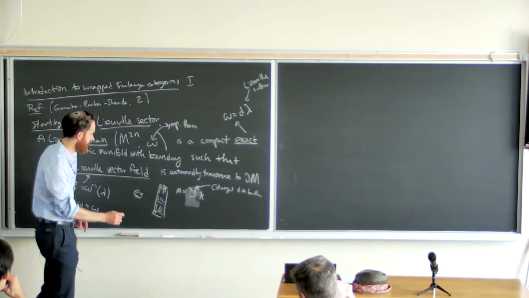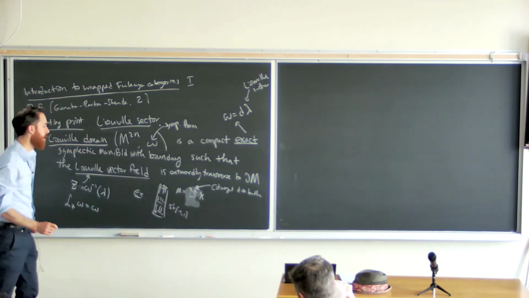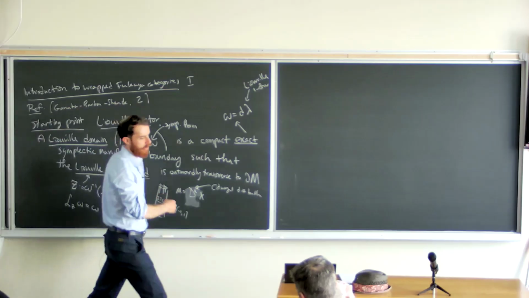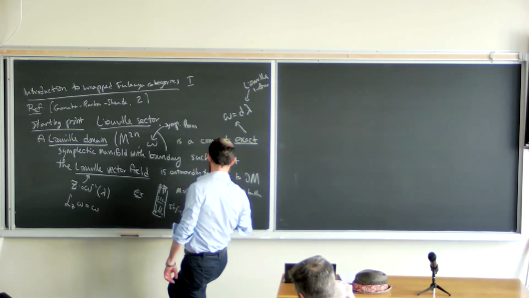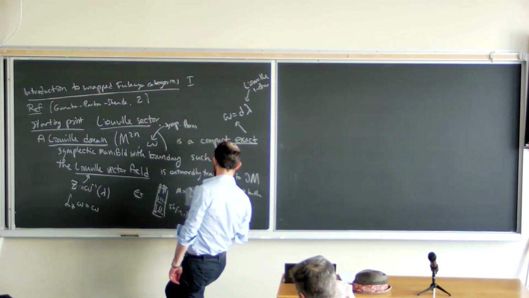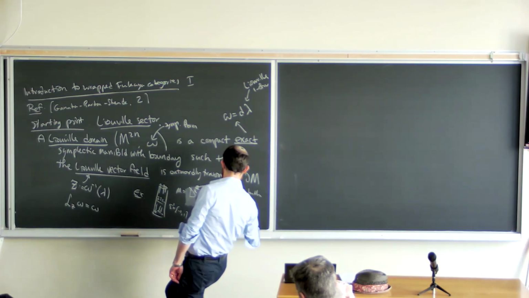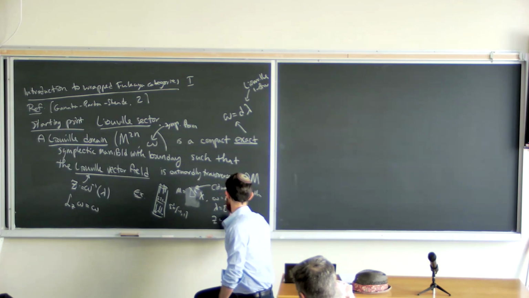In this case, I get this as S1 times the interval -1 to 1. And of course, on the cotangent bundle, I have my canonical symplectic form. Omega is sum of dp dq. Lambda is sum of p dq. And then my vector field z is sum of p del p.